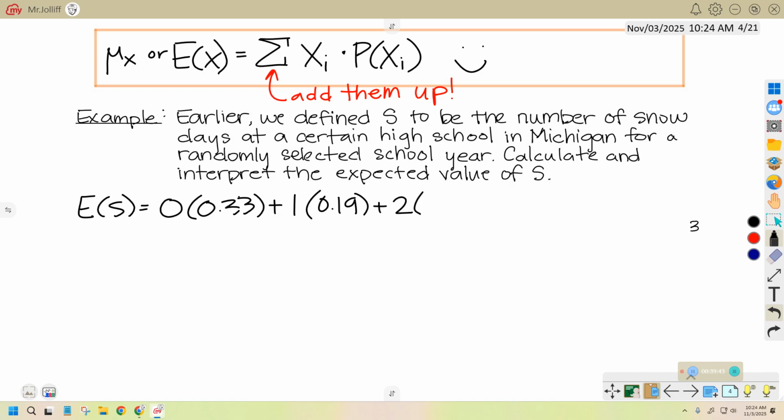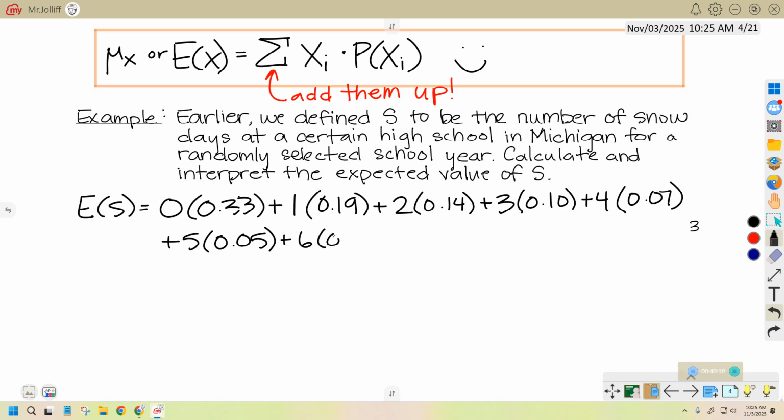Plus 2 snow days was 0.14. 3 snow days was 0.10. 4 snow days was 0.07. 5 snow days was 0.05.